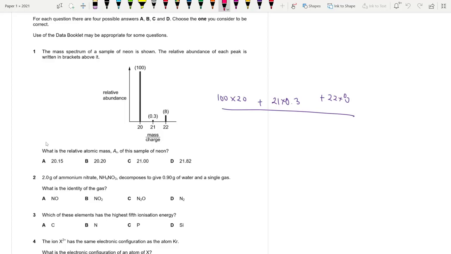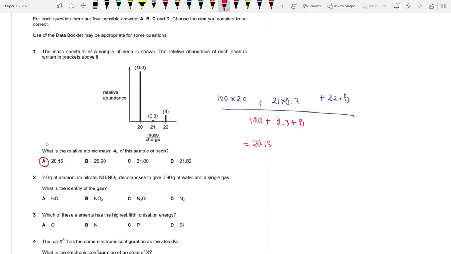It should be divided by 100 plus 0.3 plus 8, because that's the total abundance, right? So 100 into 20 plus 21 into 0.3 plus 22 into 8 divided by 100 plus 0.3 plus 8. That gives us a value of 20.15.